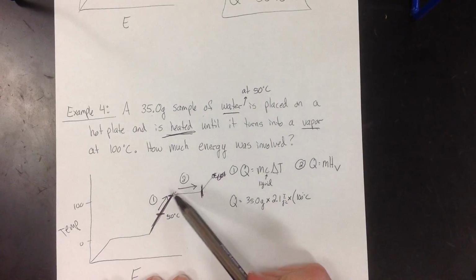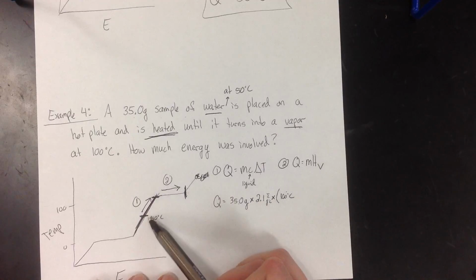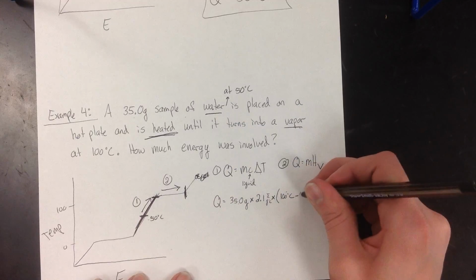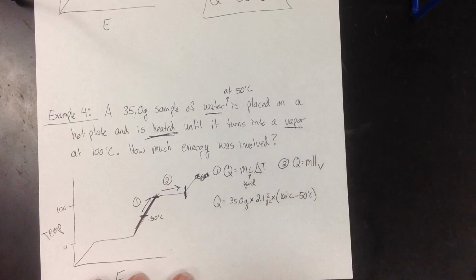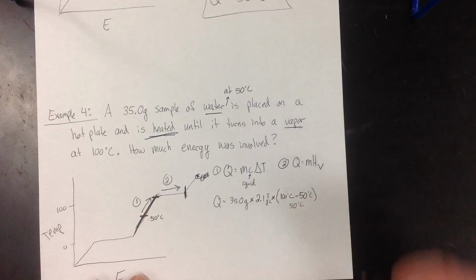All right, final temperature is 100 degrees. That's where I'm ending. Initial temperature where I started is 50 degrees. So I'm going to do final minus initial. Well, 100 minus 50, that's a temperature change of 50 degrees.